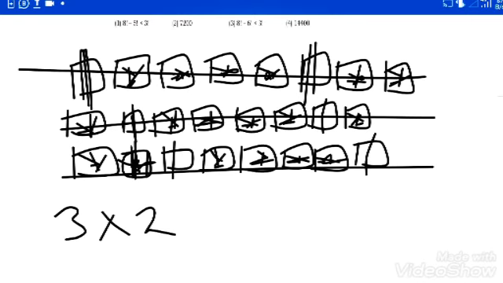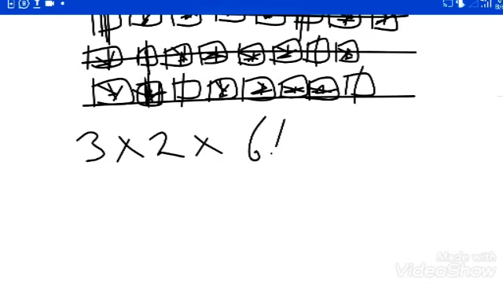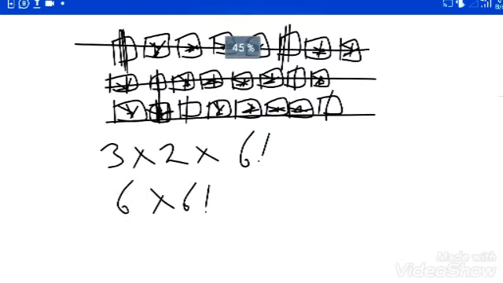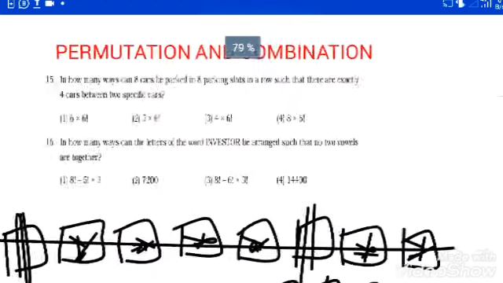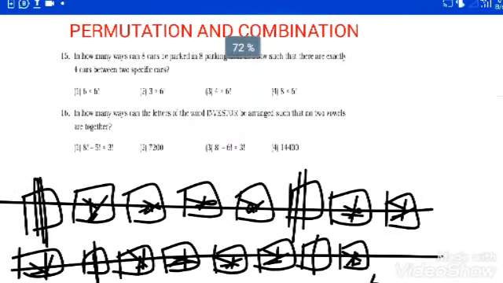So we have 6 factorial ways of arranging the other 6 cars. So these are the possible answers. Here 3 times 2, that will be 6 times 6 factorial, and I think that's option 1.